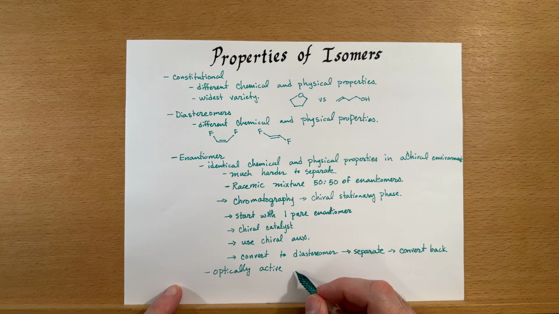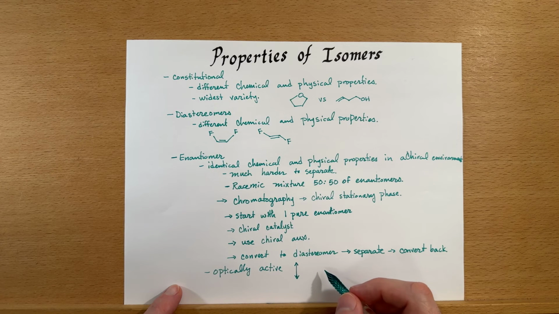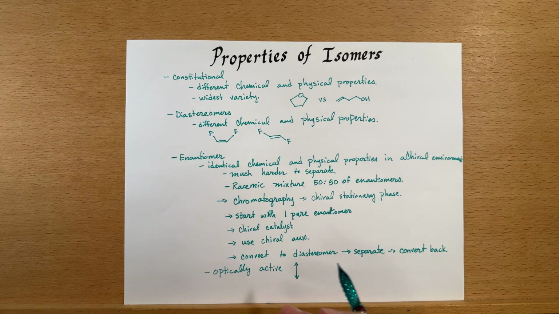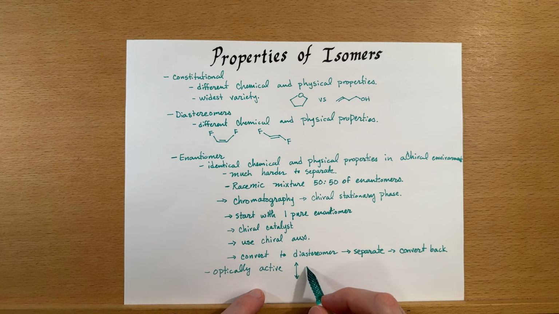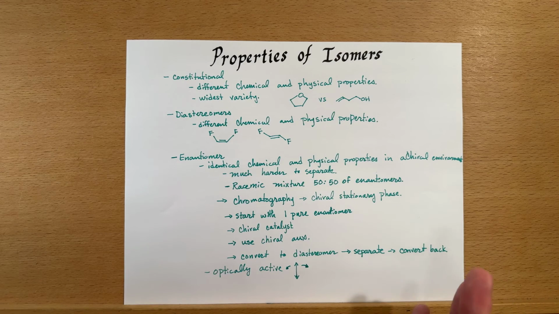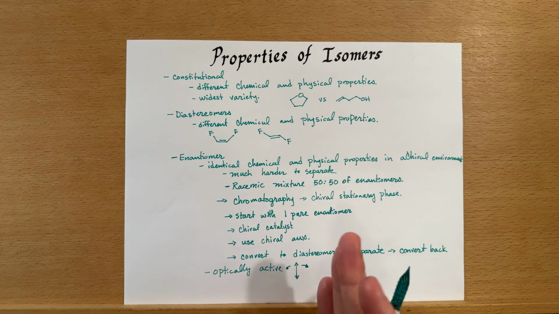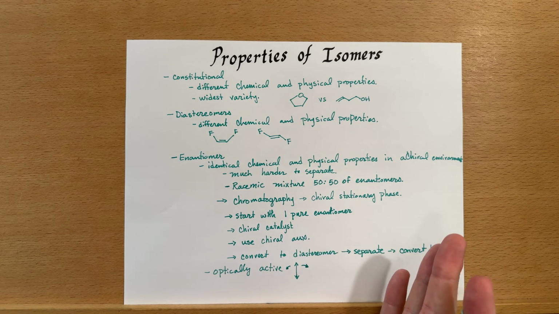So if I have my light and it's all oriented in, let's say, a vertical direction, if I let that light go through a solution of a pure enantiomer or a pure chiral compound, it will rotate that light either to the right or to the left, whichever isomer you have. And if it's pure, you'll see it only go in the one direction or only go in the other direction.